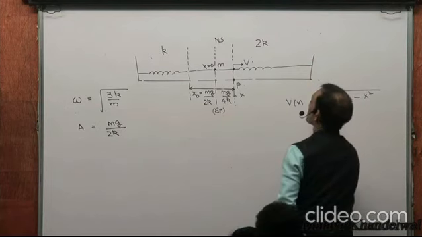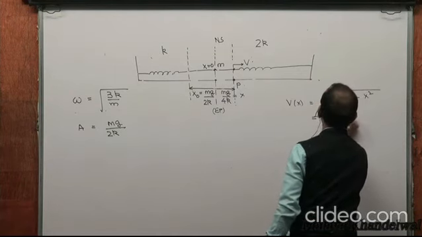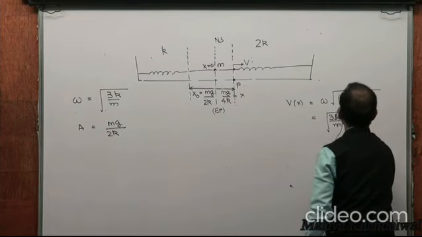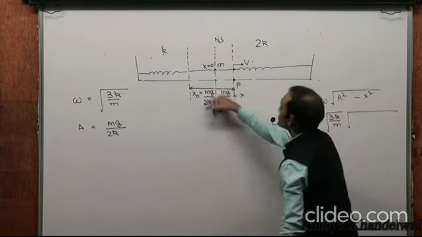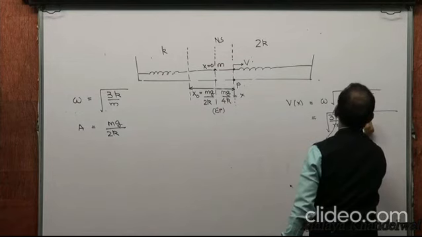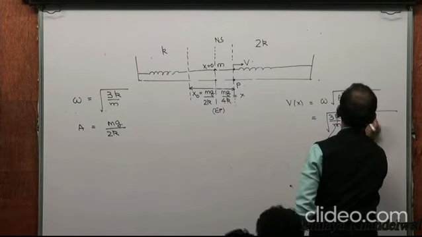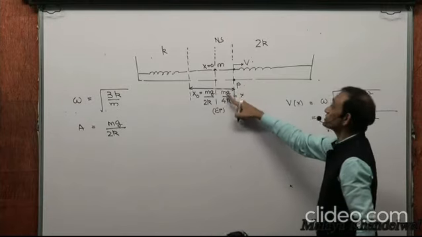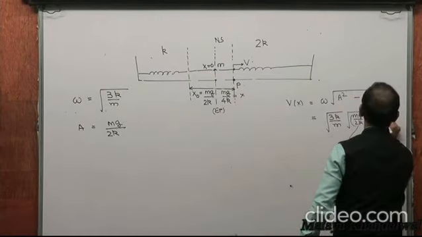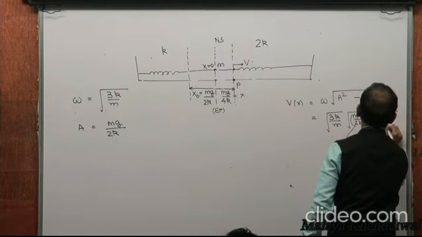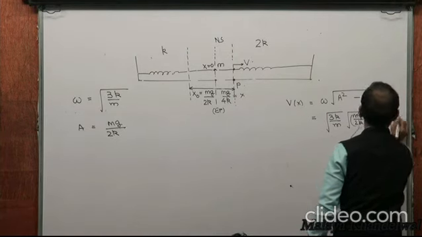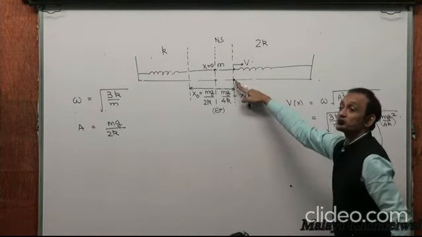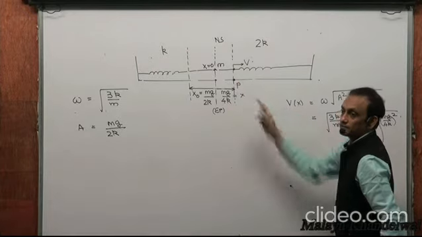What is omega? Omega is root 3k by m, into root a squared, where a squared is mg by 2k whole squared, minus x squared, where x for this point is mg by 4k whole squared. Whatever this turns out to be, that's going to be the speed of the particle as it passes the point P. Clear?